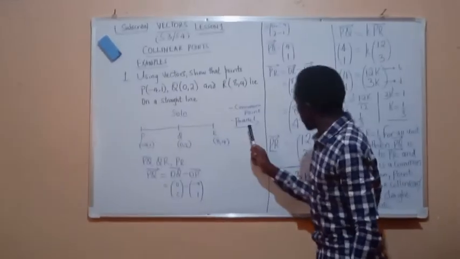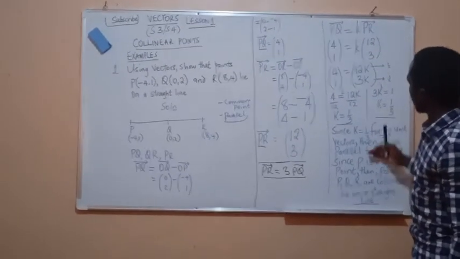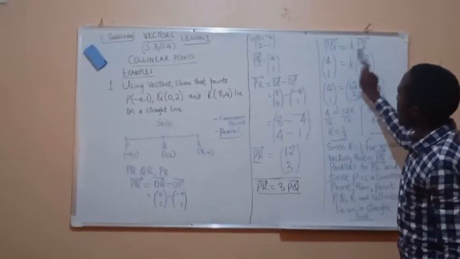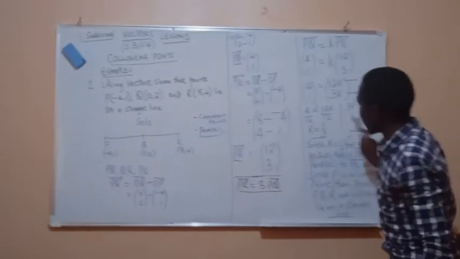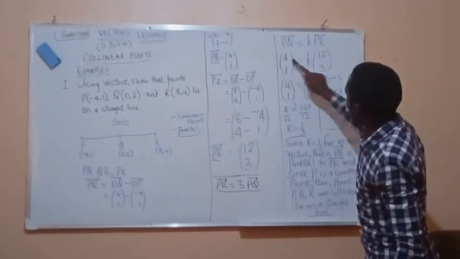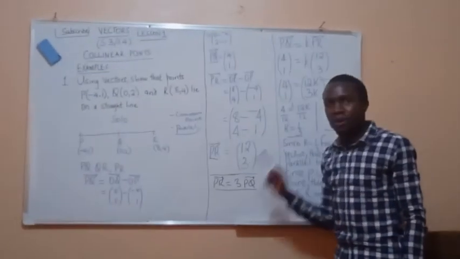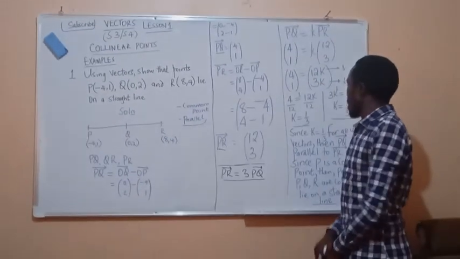Then, for them to be parallel, that is why I went through all these steps. I have to show that to get PQ, there is something we multiply in PR, and I found that it is a third after equating the corresponding unit vectors. And then this conclusion is very important and crucial. One may say these words are very many.